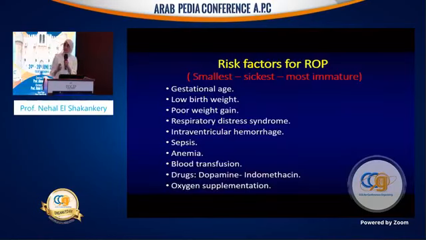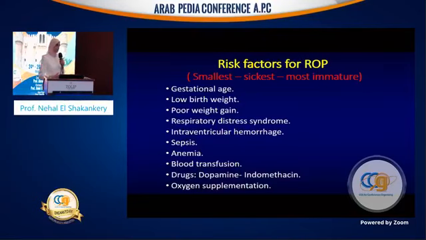What are the risk factors for retinopathy of prematurity? It's actually the smallest, the sickest, the most immature. Those with low gestational age, less than 31 weeks, and low birth weight, less than 1,500 grams, are liable to develop retinopathy of prematurity.